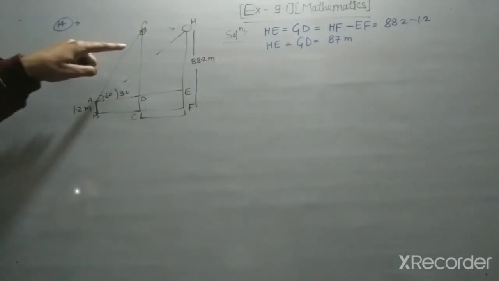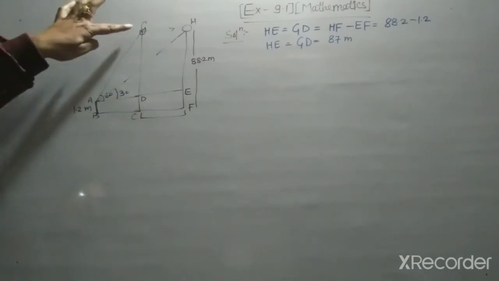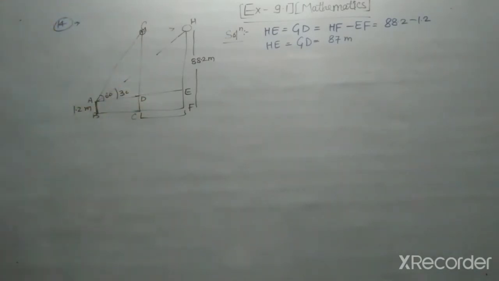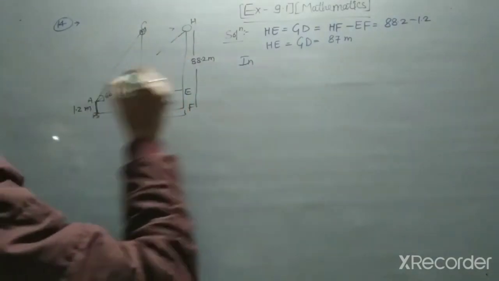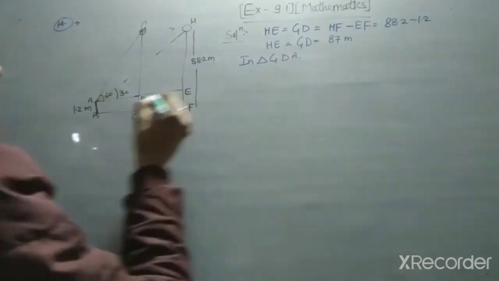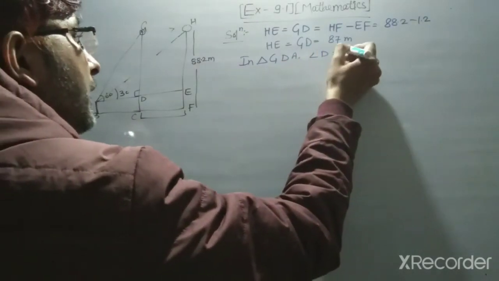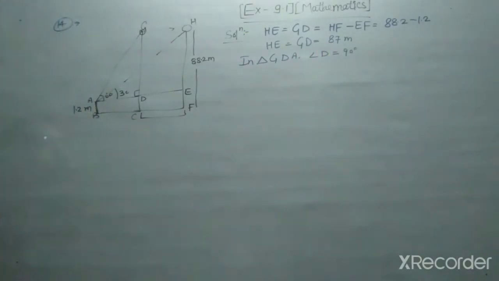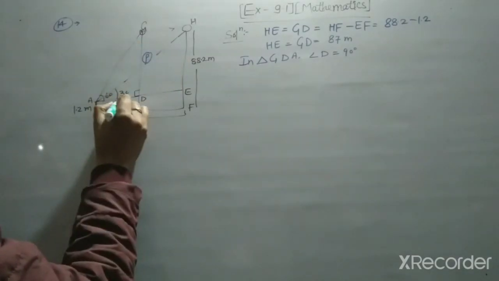Now you have to solve this question with the help of this triangle, triangle GDA. You have to use the triangle GDA for solving this question. In triangle GDA, angle D is 90. Okay, this is the perpendicular, and this is the base.